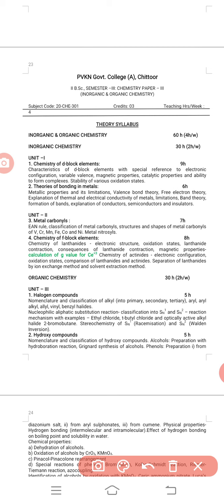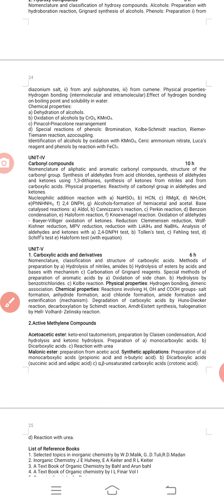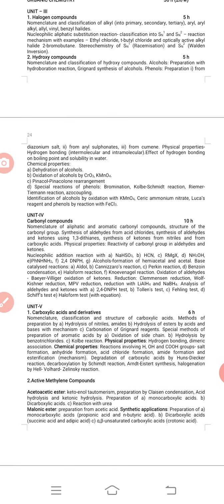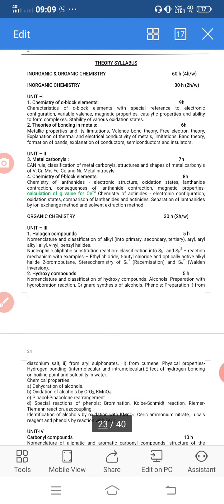Later we will discuss hydroxy compounds and carbonyl compounds, Unit 4, Unit 5, carboxylic acid derivatives, active methylene compounds. Very big lessons. So all of you write your syllabus in your notes and read the syllabus properly.